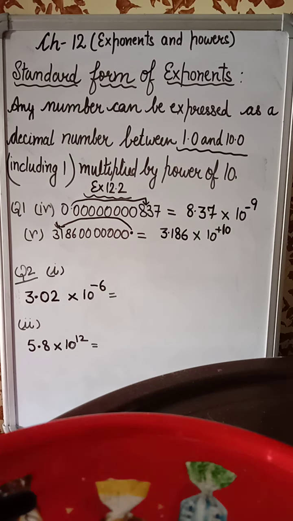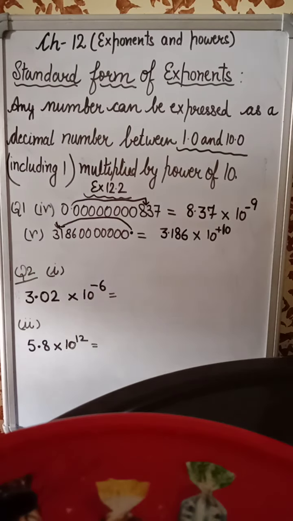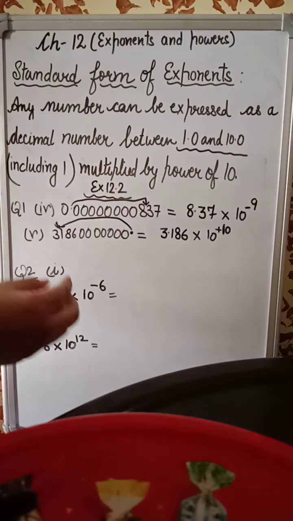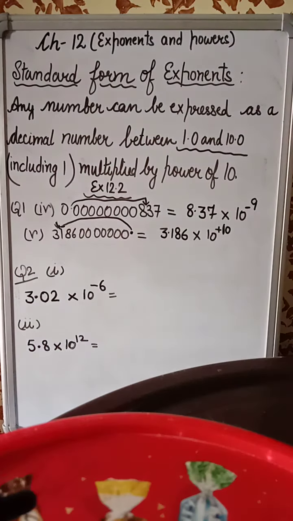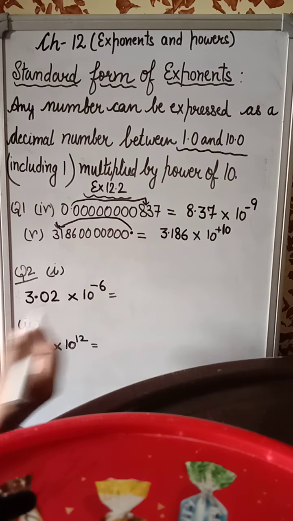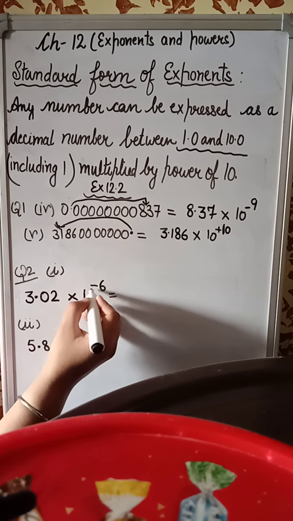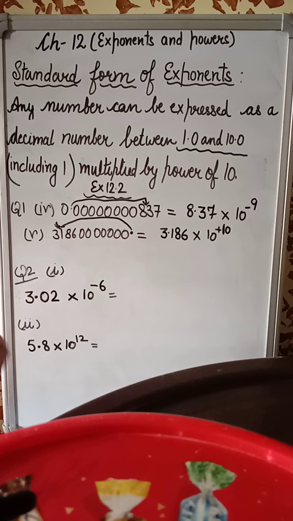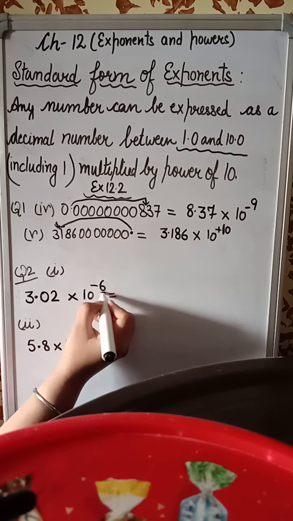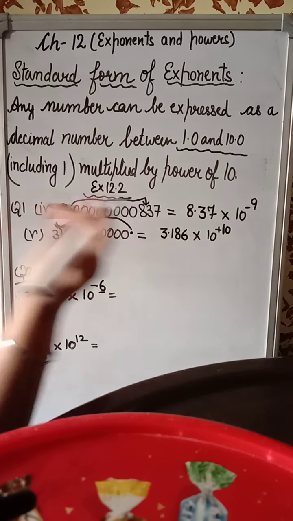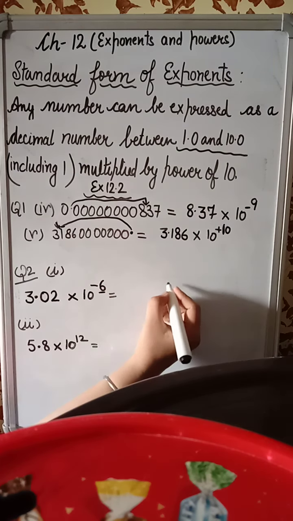Now next, the number is given in the standard form and we have to express it in the usual form. This is the usual form. It means we have to remove the power of 10. Now we will see the power of 10. The power of 10 is minus 6. The minus sign tells us that the decimal will shift towards the left side, and 6 tells us it will shift 6 places.